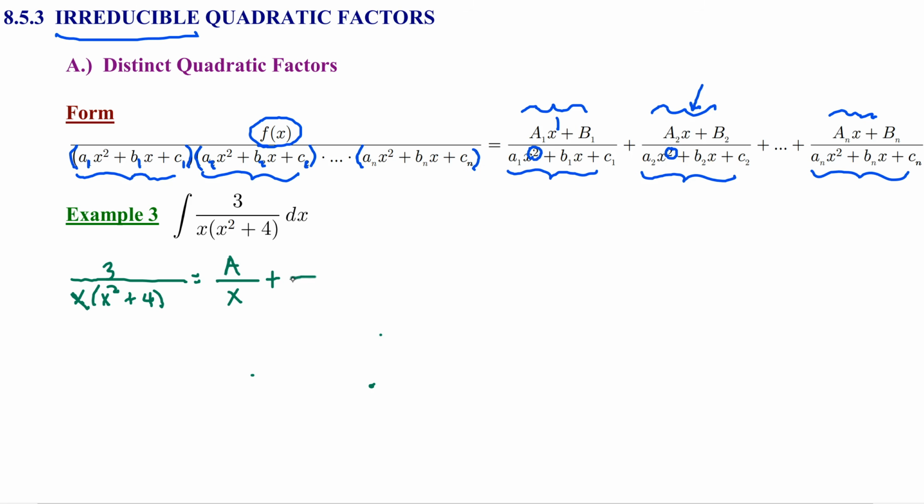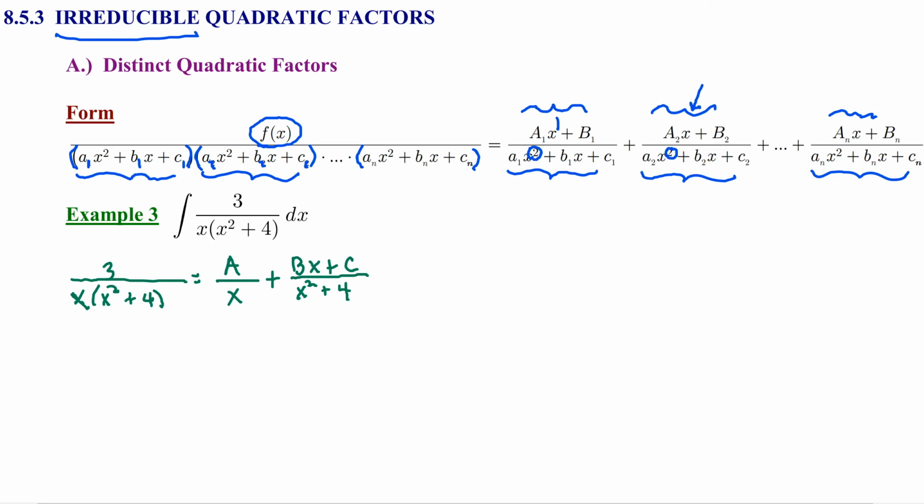Now for my second partial fraction, I'm going to have my irreducible quadratic factor, but it's going to receive a linear numerator. So I'm going to have the general linear expression bx plus c. Notice that's just a polynomial of degree 1 in descending order. We stop when we get to the constant term.